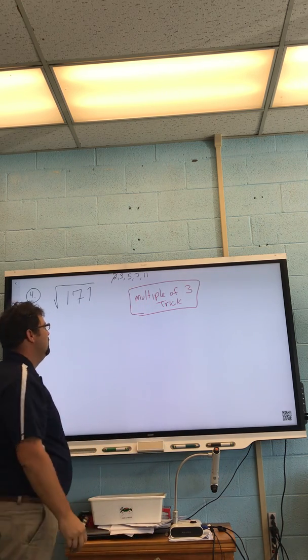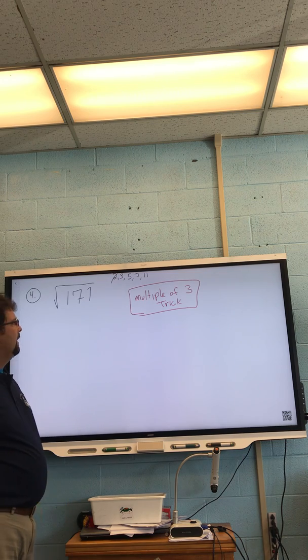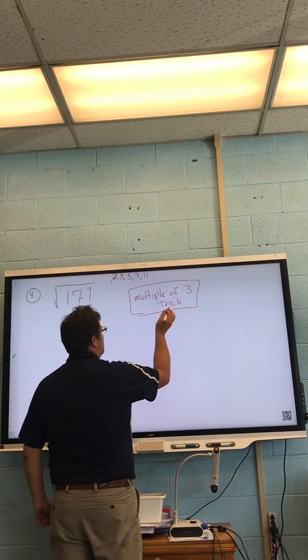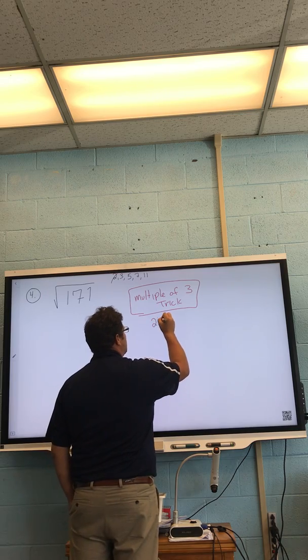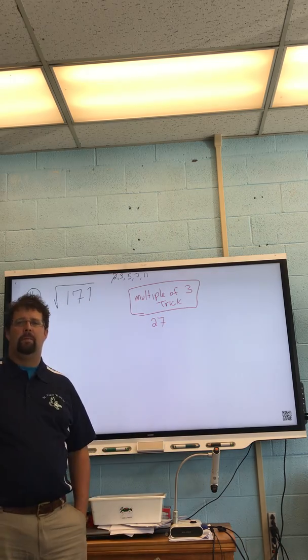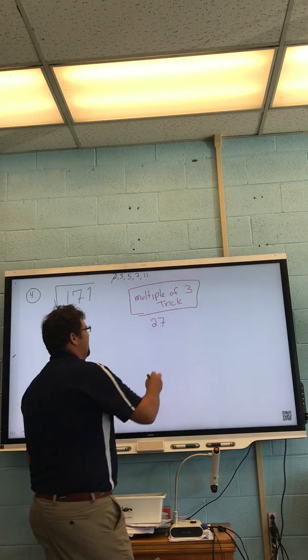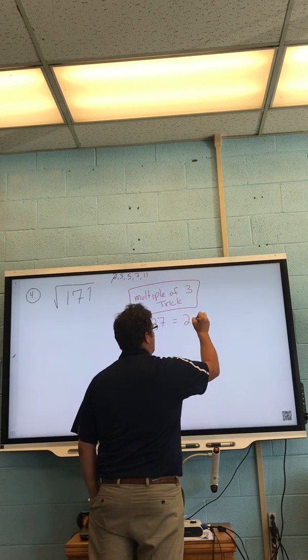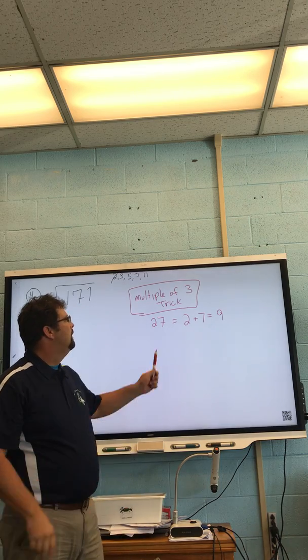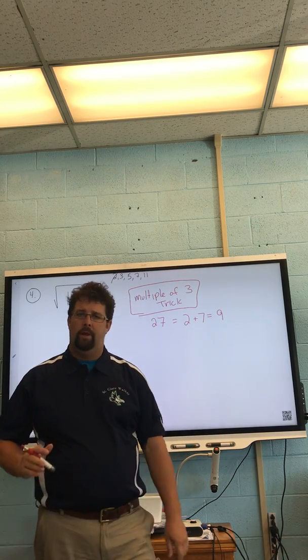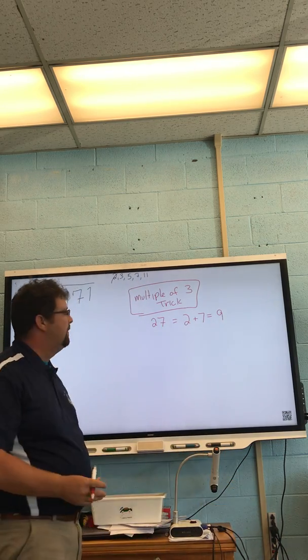Dun, dun, dun. The multiple of 3's trick. For example, a multiple of 3 would be 27. You guys know 27 is a multiple of 3. If I were to say 2 plus 7 equals 9, 9 is also a multiple of 3. It's another multiple of 3.